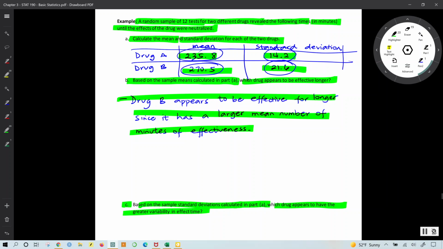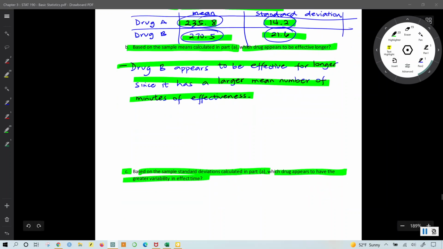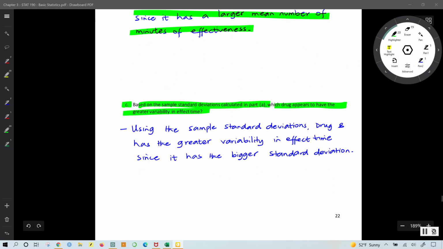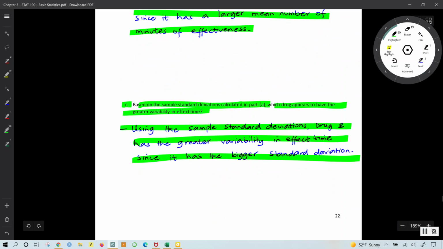The conclusion is based on the standard deviation of drug B, which is 21.6, larger than 14.2. Let's write that statement down. So, again, what we just said is what we have written down here, namely that using the sample standard deviations, drug B has the greater variability in effect time since it has the bigger standard deviation.